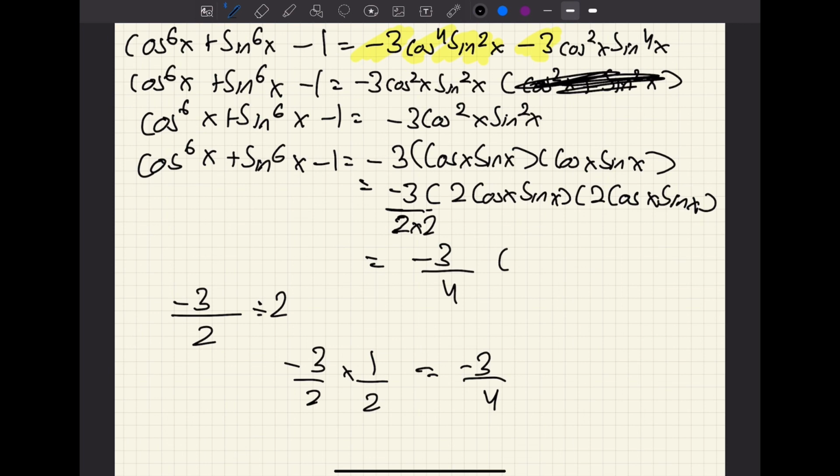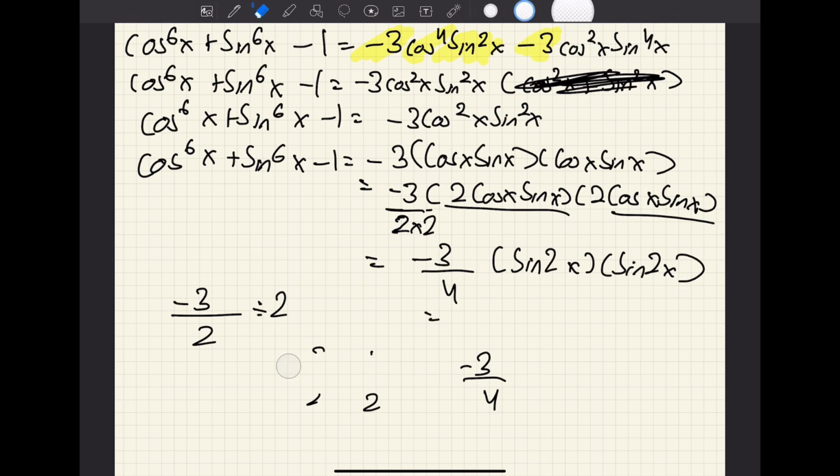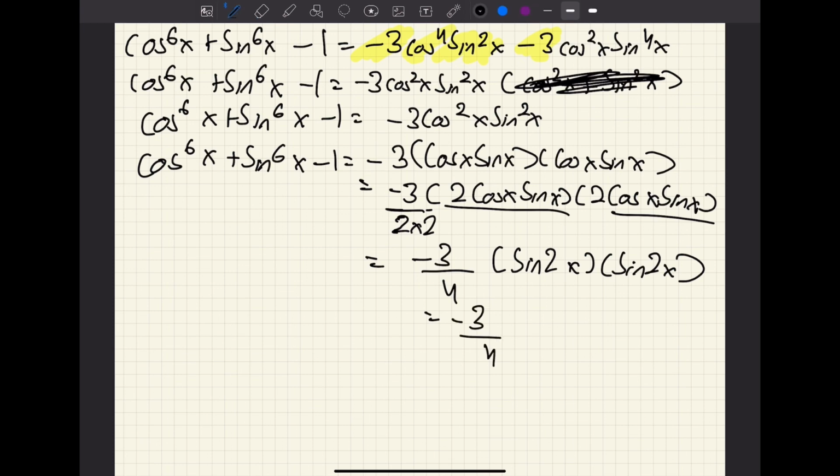Okay, so as I wrote beforehand, sin 2x is equal to 2 sin x cos x. You should memorize this. Let's move on. So I'll replace this with sin 2x, sin 2x, which will be equivalent to minus 3 by 4 sin^2 2x.